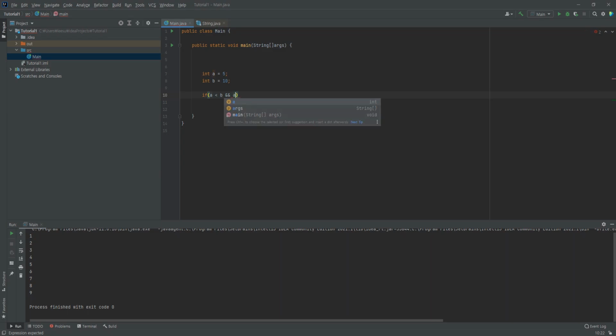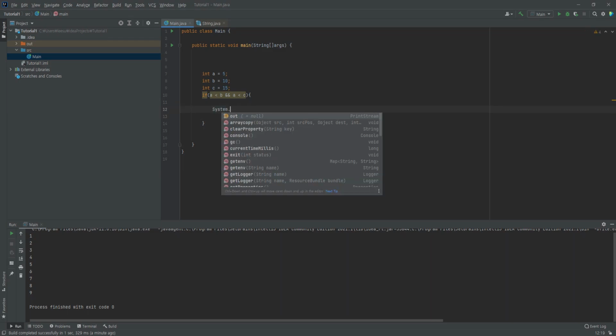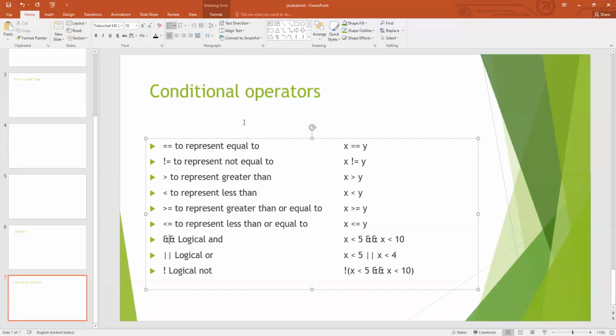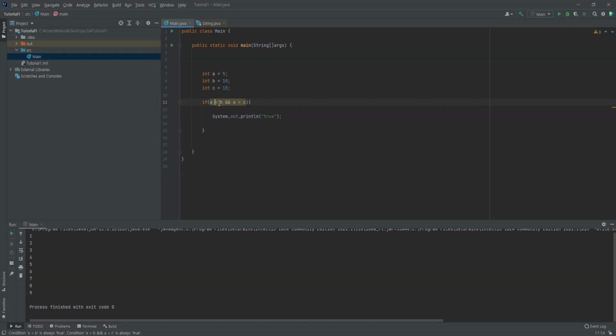Let me add another example to make it much more clear. Okay, so the meaning of this is that a is less than b. So this is true, right? As we could see, a is 5 and b is 10.